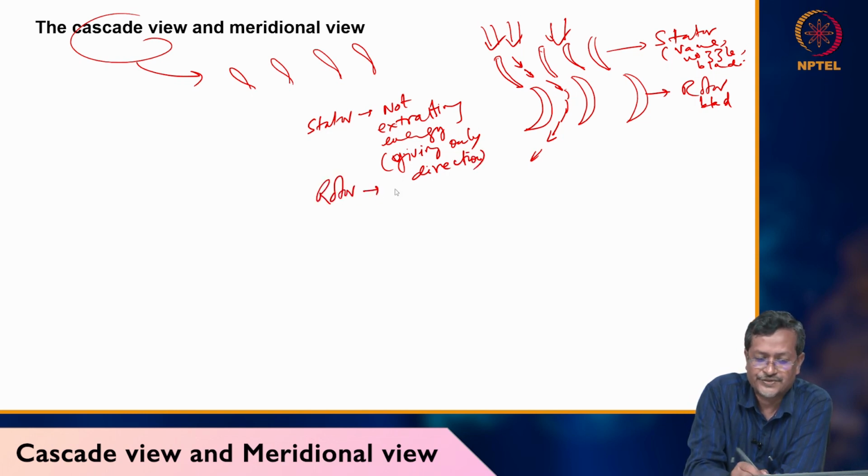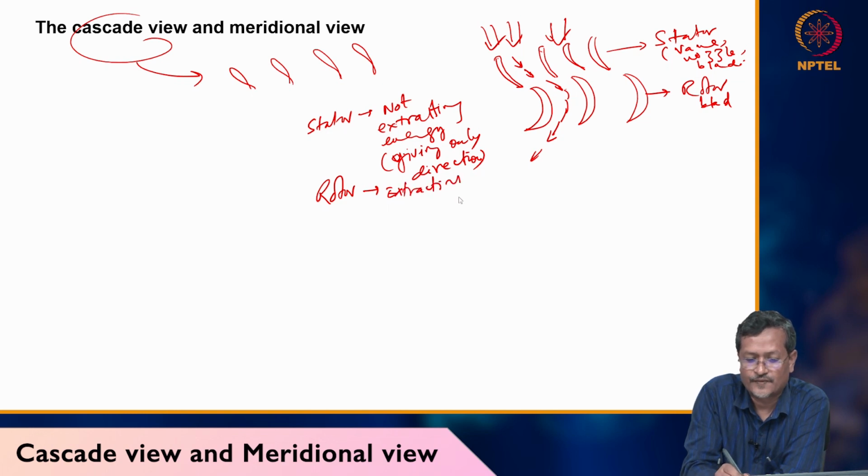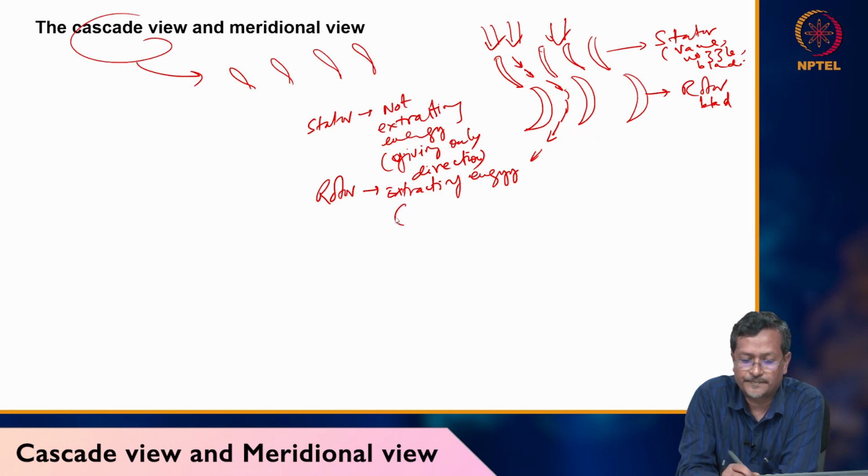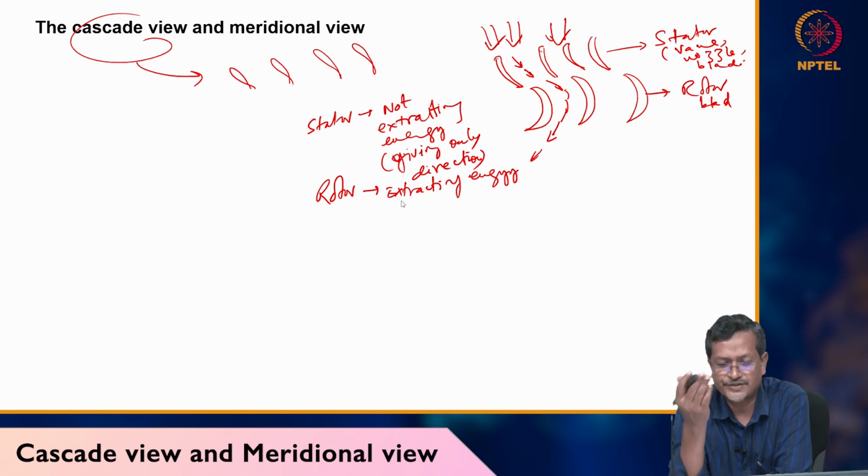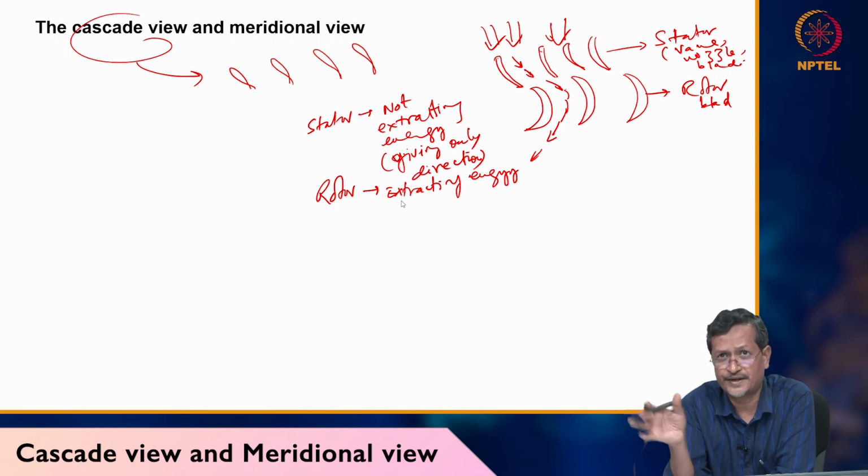Rotor is extracting energy. For the rotor, its output angle will be proper or not, we don't care. The rotor's purpose is to get energy.